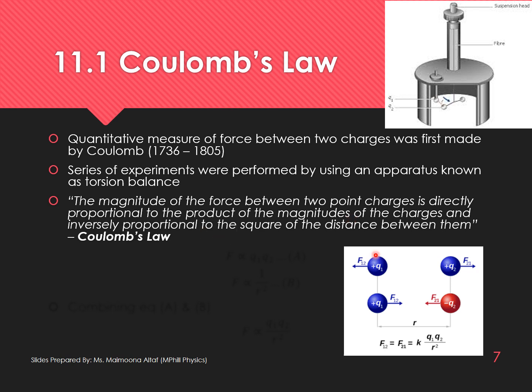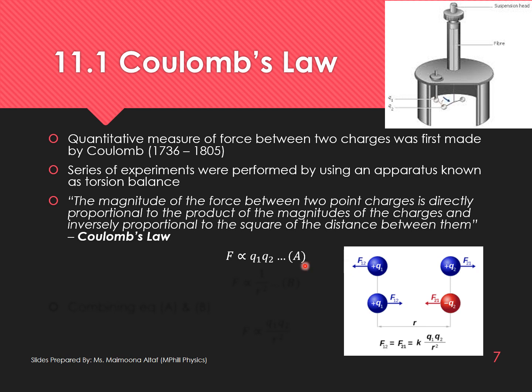If we consider the two charges Q1 and Q2, they could be similar charges, they could be opposite charges. So according to his statement, the force between the two point charges is directly proportional to the magnitude of the charges.